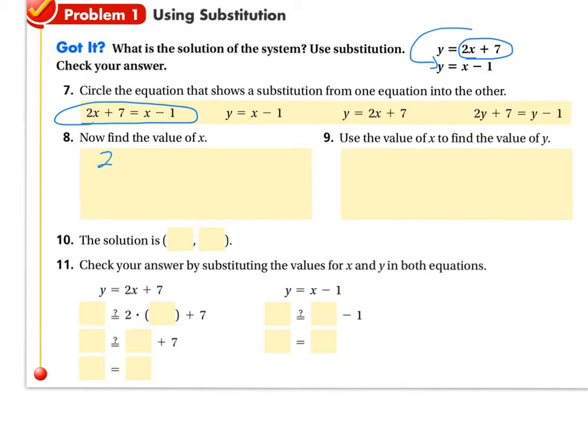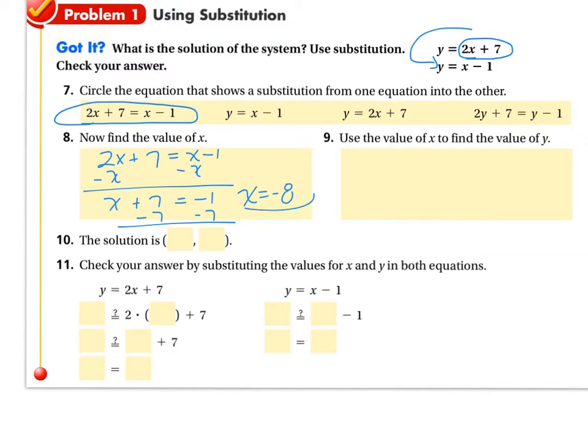Since I now have 2x plus 7 equals x minus 1, I can put the x's all on one side, put the constants on the other side, so x is equal to negative 8.